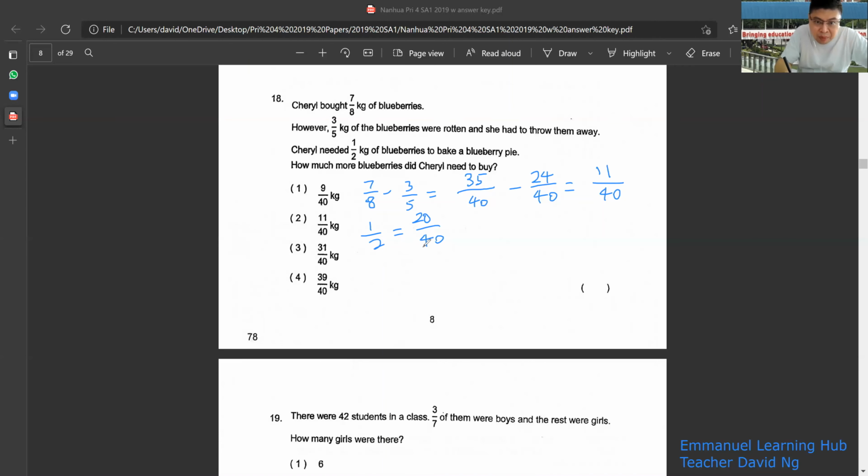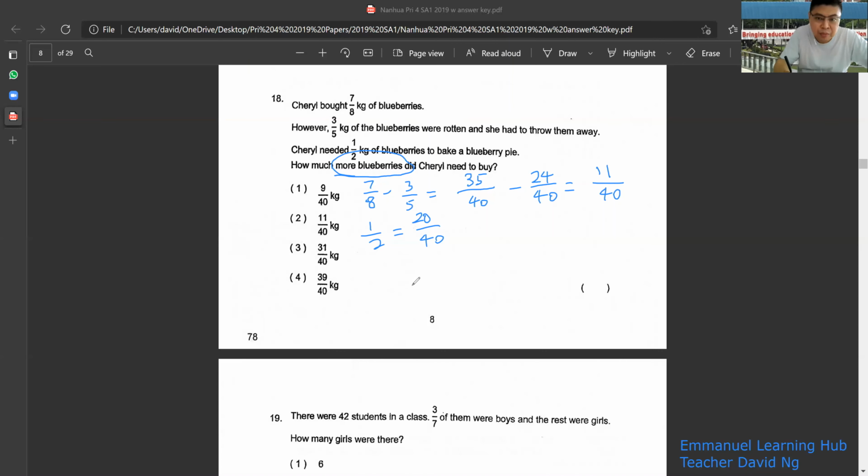She needed 20 over 40 kg to make blueberry pie. Originally, she had 8 kg. 3/5 kg were rotten and thrown away, so this is what is left. Then she needs this amount to make blueberry pie. How many more blueberries did Sharon need to buy?